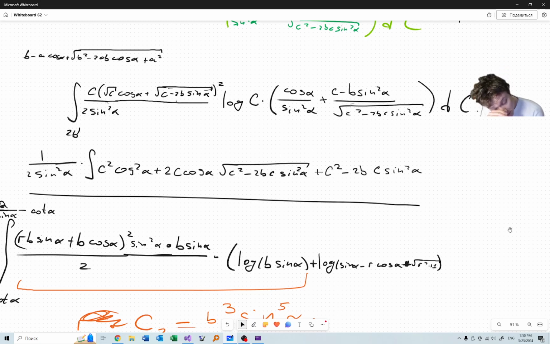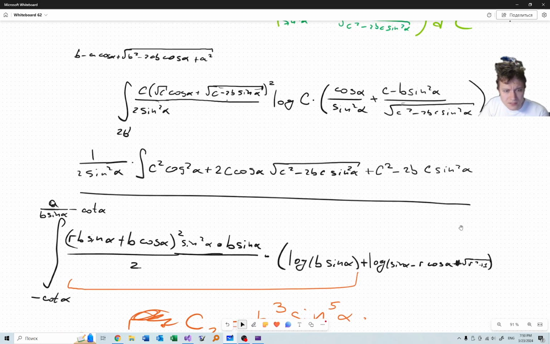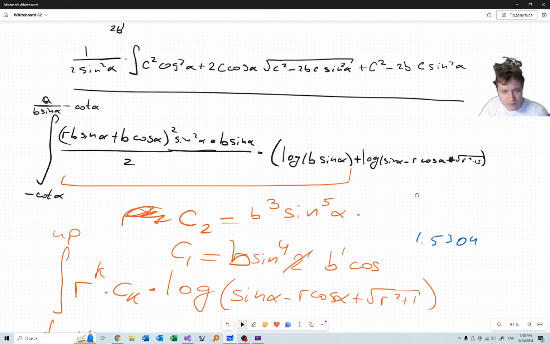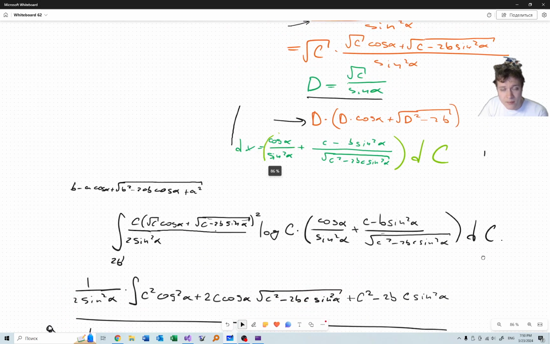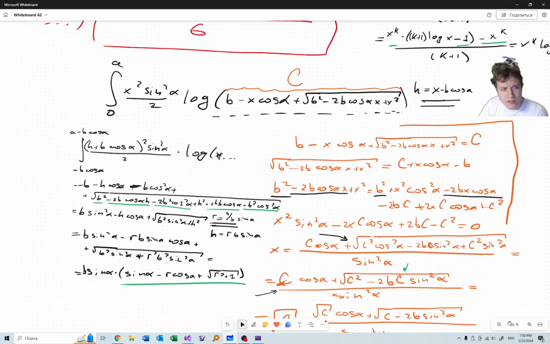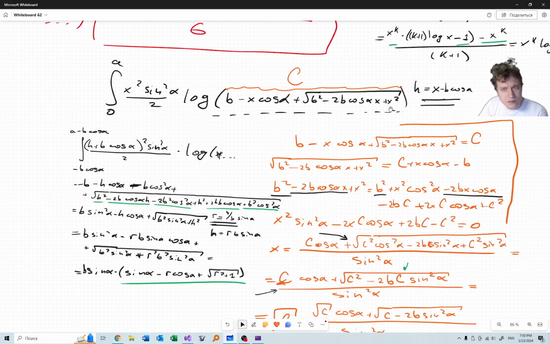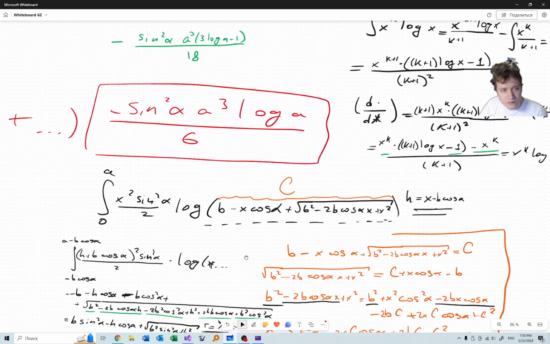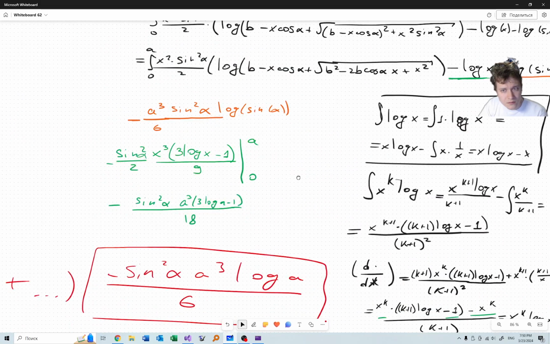But I really don't understand what happened afterwards. Maybe I changed my perspective and I tried to take this logarithm some other way. Yeah, maybe. So let's go back to this formulation.